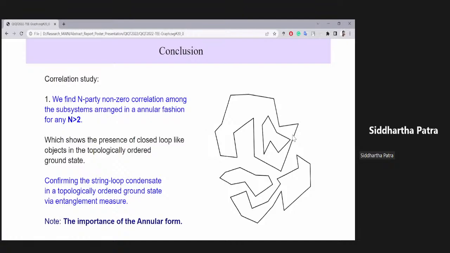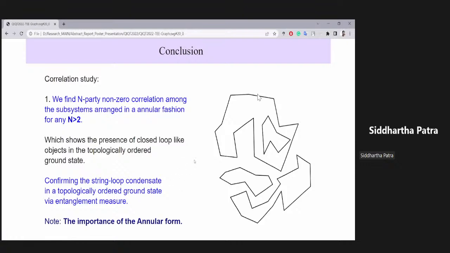So for any n greater than 2 number of subsystems arranged in a closed loop of any size in the system are strongly entangled with each other with n-party irreducible correlation and n-party irreducible entanglement. Sorry, n-partite information.